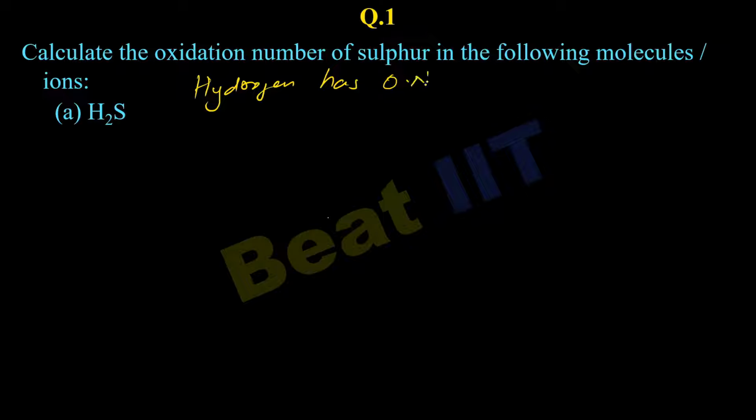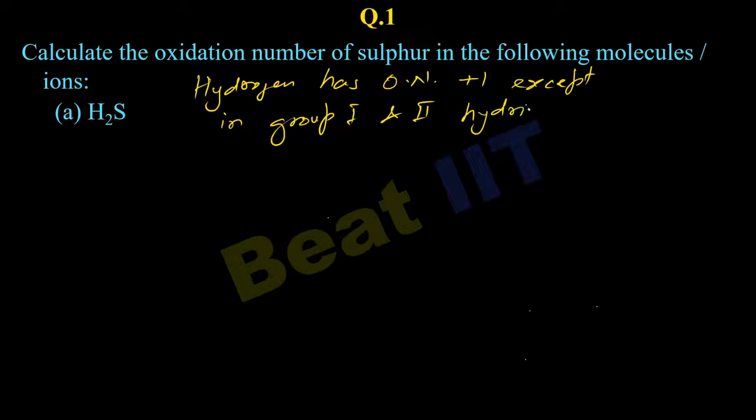For example, if it is lithium hydride, lithium will always have +1, hydrogen will have -1 in that case. For example, calcium hydride, calcium will have +2, hydrogen will have -1. Otherwise, in all the compounds, hydrogen will have +1 oxidation state.